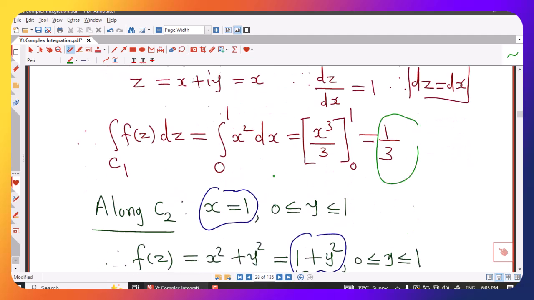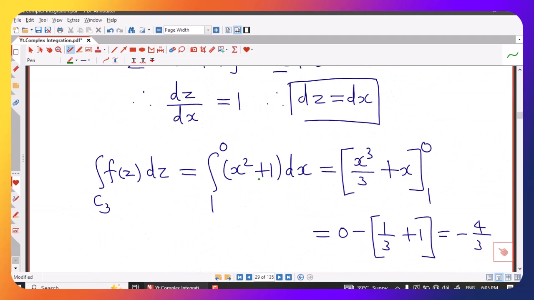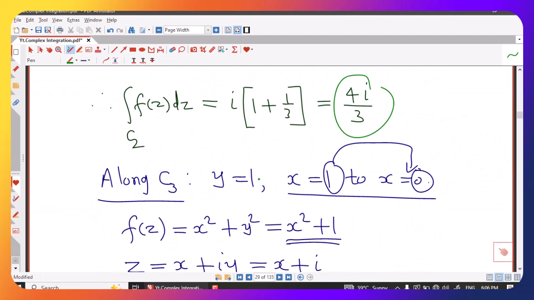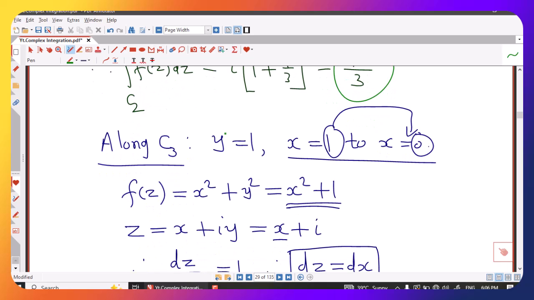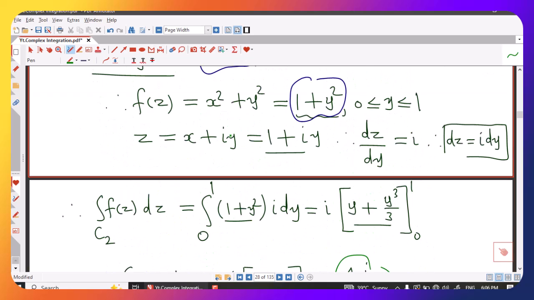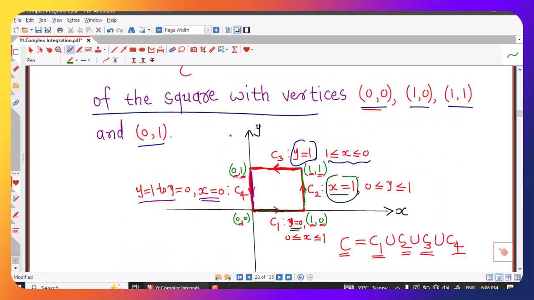They can ask this type of problem also, and this is very easy, but you have to be careful whenever you are writing all these things. One more thing, you have to go in the anti-clockwise direction. If you go in the clockwise direction, then your answer will be negative.